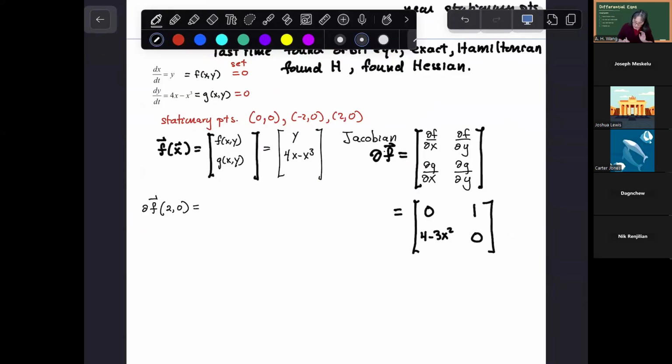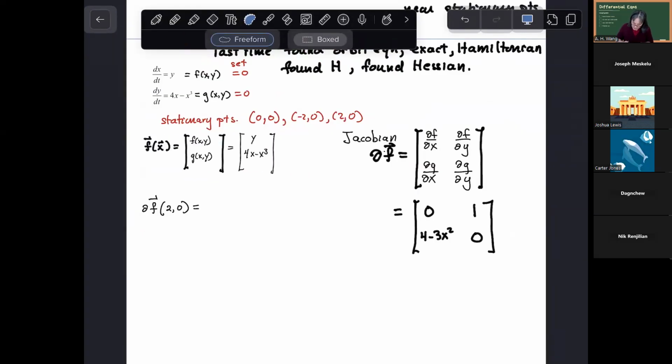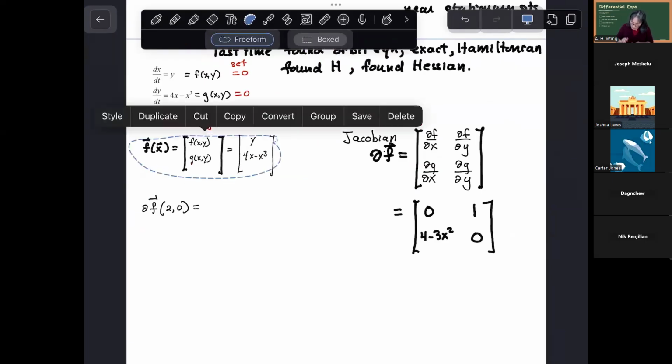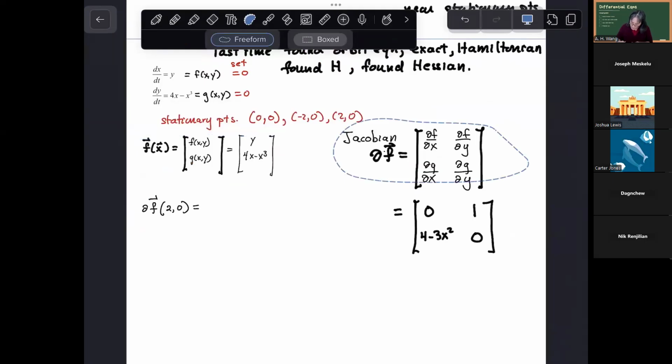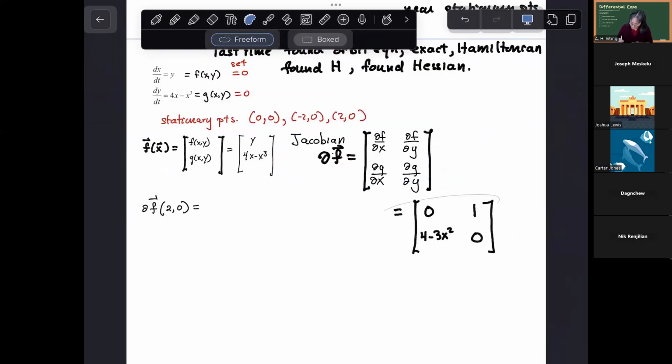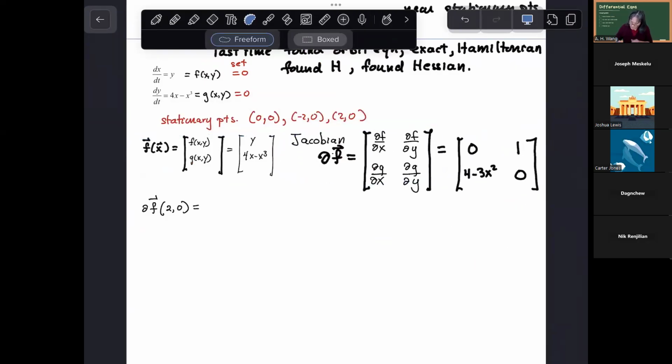Let me clean up here. I'll put the Jacobian right here so that you can see it.